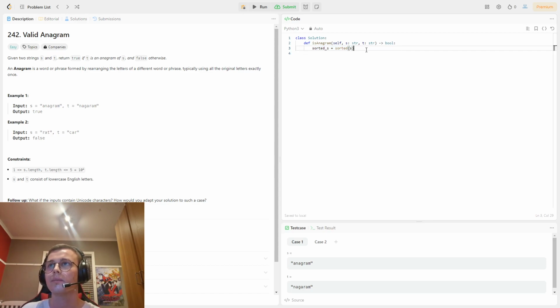I'm not actually sure if sorted is in place, or if it returns a new one, or if it actually sorts s, but I'm getting ahead of myself. So this should work. If I do sorted s and sorted t, and then I'm just going to print both of these.